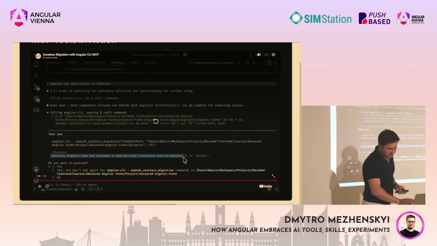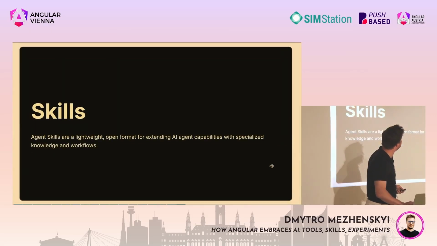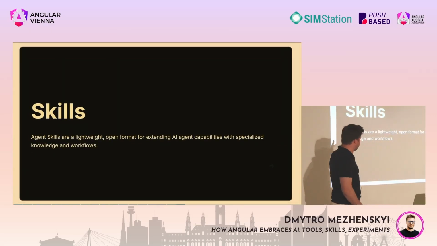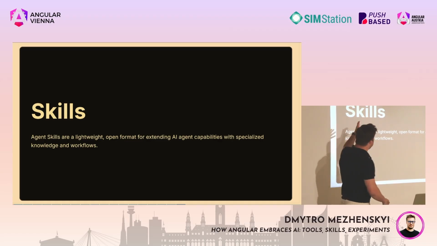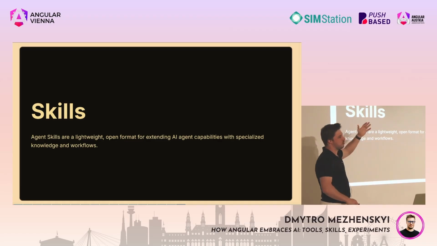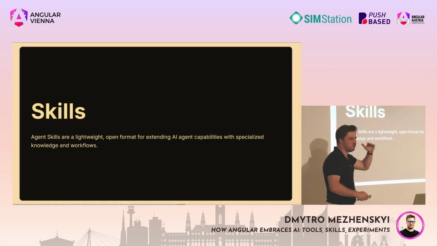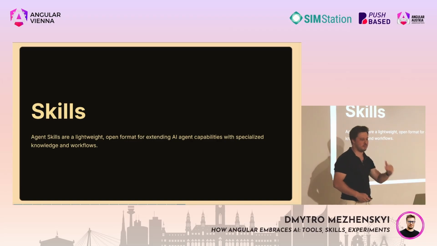Then the next stop is skills, supposed to be. If I find a way to jump to the next slide. Yes, so skills. I'm also pretty sure everyone knows what skills are, right? Everyone knows. Great. So this is just a markdown file with instructions for our agent on how to perform certain operations.